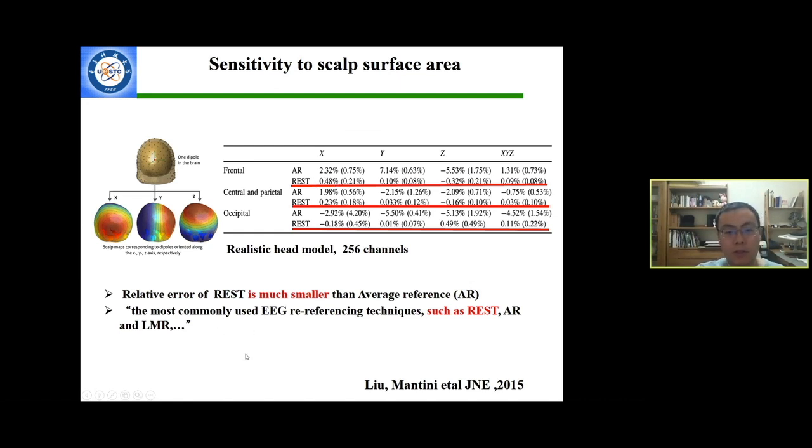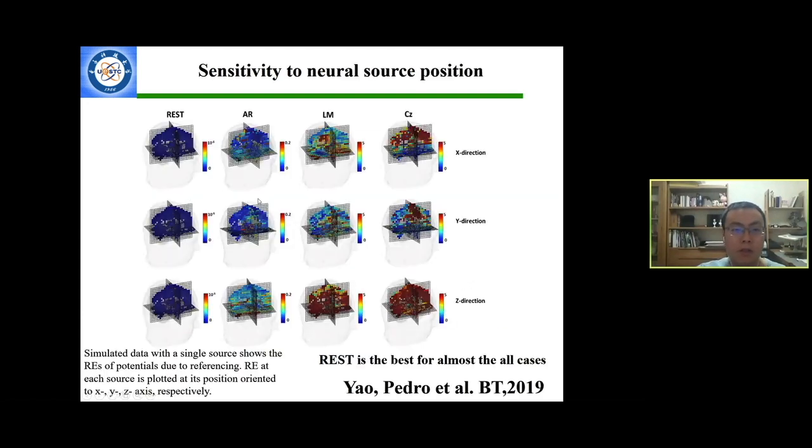And in this paper, the authors also compared the most commonly used EEG referencing technologies such as REST, AR and IR. Using simulated data with a single source, it shows the relative errors of potentials due to re-referencing. We can see that the errors of REST are the smallest, and REST is the best for almost all cases.